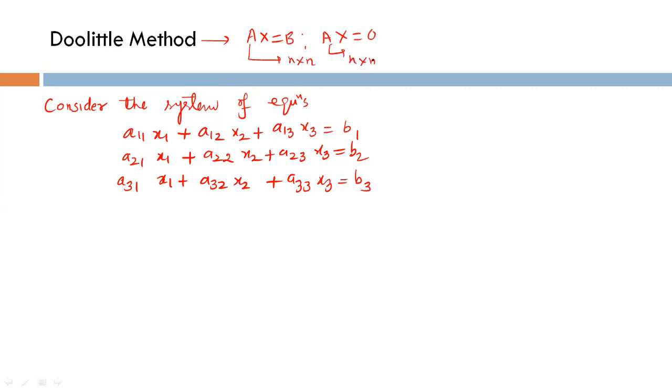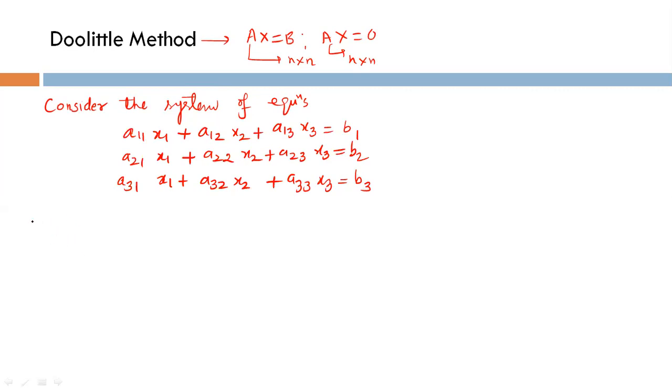Then only we can apply the Doolittle method, because the method will work for any square matrix only. That square matrix is factorized into a lower triangular matrix and an upper triangular matrix, which are special types of square matrices.